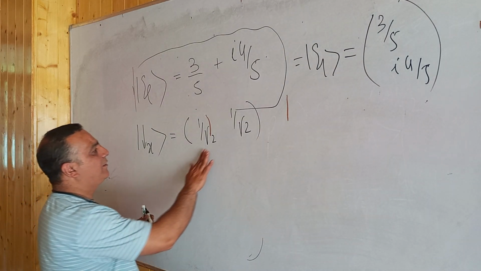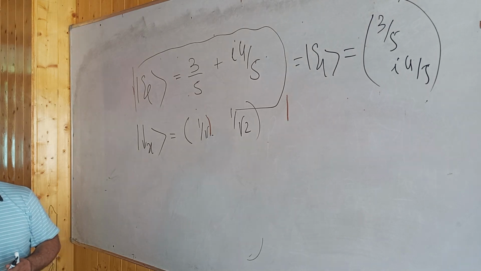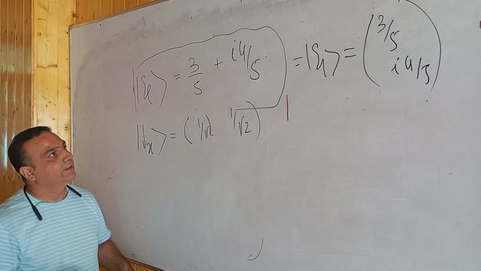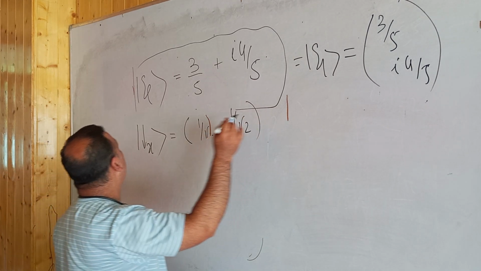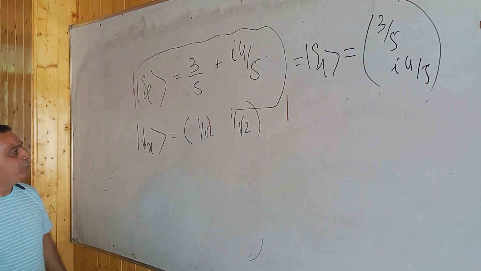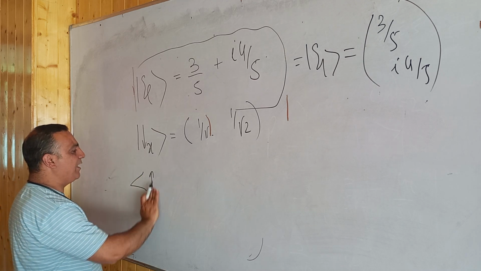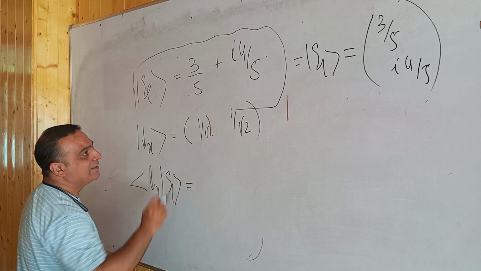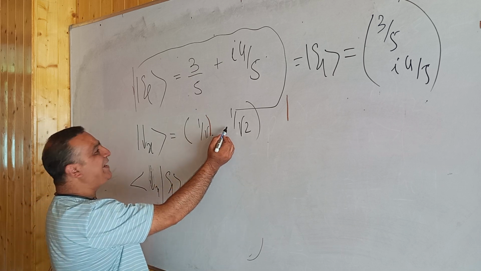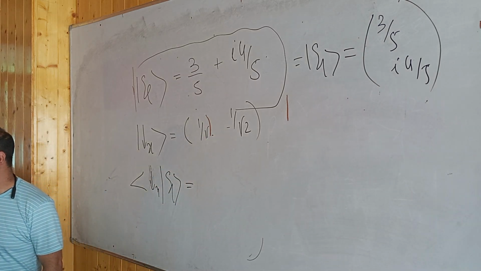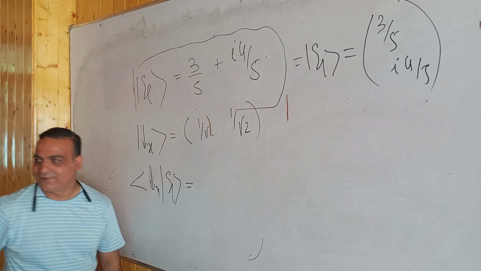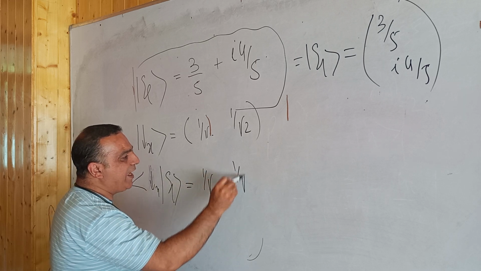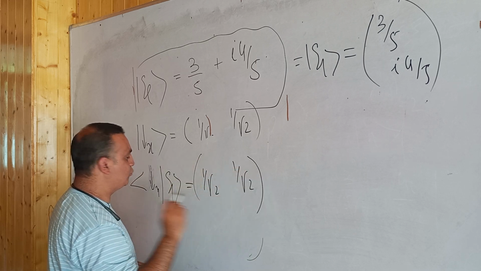No, that's for y, this is for x. Okay. And you have this thing defined already. Now you can calculate the inner product of spin down along x with zeta. It has to be minus, I think. No, it does not have to be minus. It has to be plus. So this is 1 by root 2, 1 by root 2.